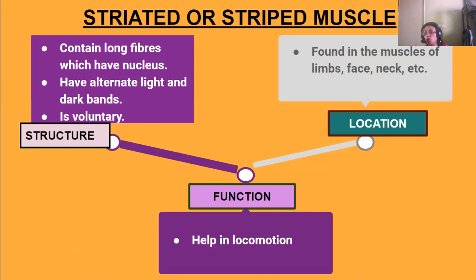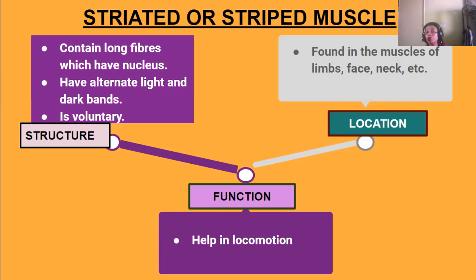If we want to move our limb, then we can move it. The face movement also, if we want to move our face muscles, then only we can move them. So these muscles are in our control. That's why these are striated muscles, and they have light and dark bands.